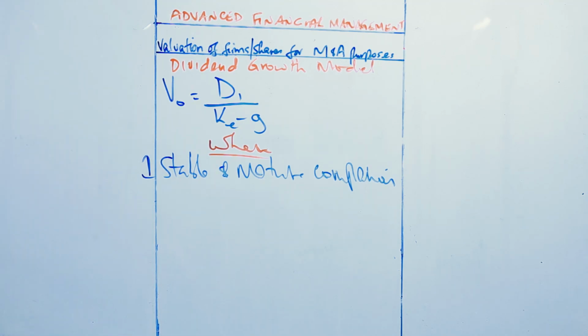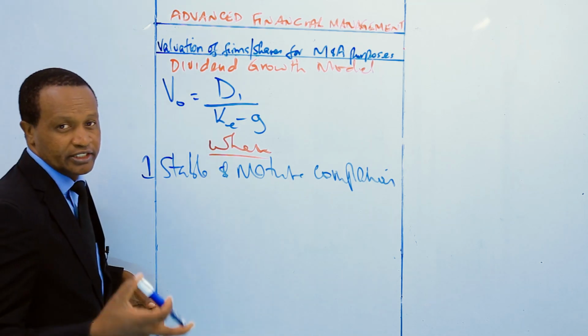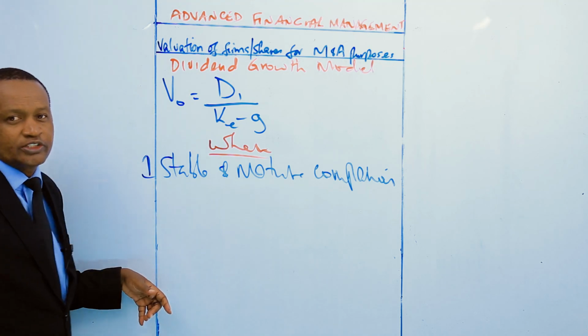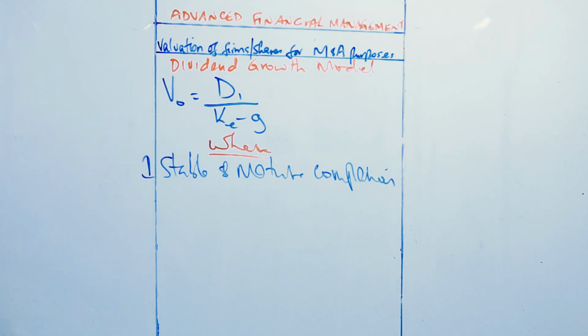It is best suited for valuing mature companies with a track record of paying dividends and where dividend policy is a key part of shareholder return. These are often in industries like utilities, consumer staples, real estate investment trusts, and so on.